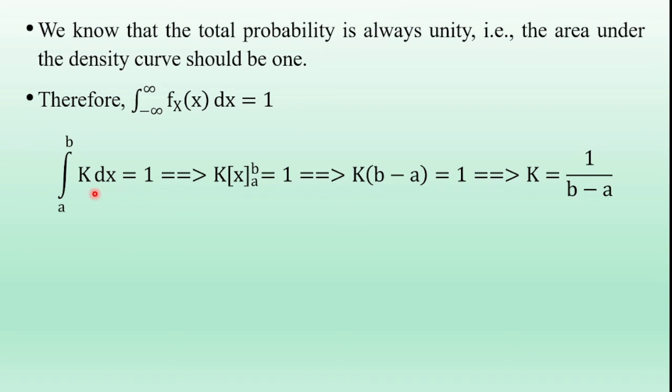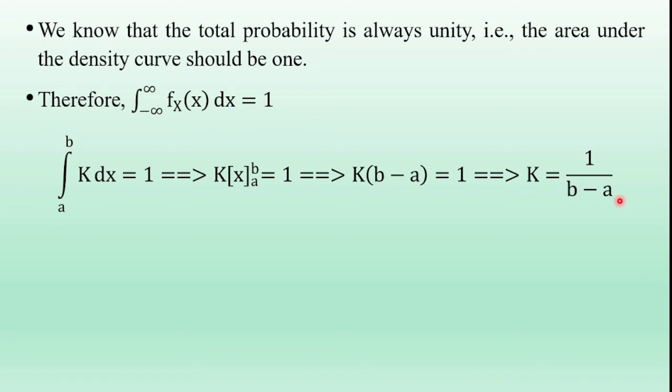k is the constant that is written before the integration. The integral of 1 dx is x over a to b, and applying the upper value and lower value of x, we get k into b minus a is equal to the right-hand side term. This b minus a goes to the right-hand side, and we get the constant k equal to 1 by b minus a.